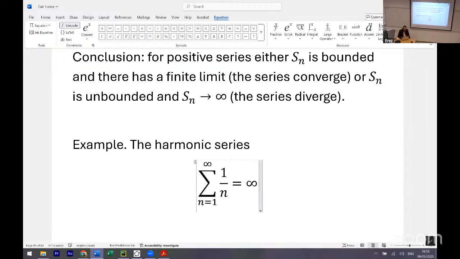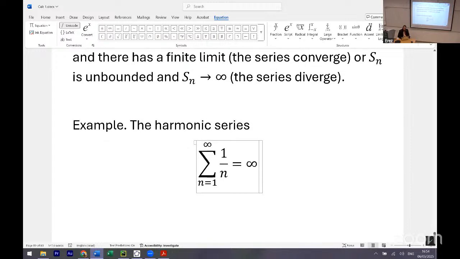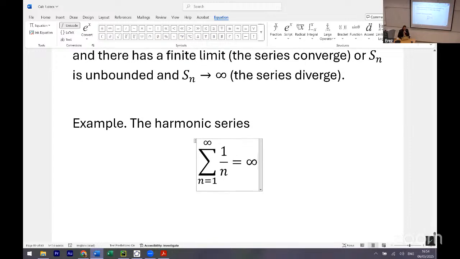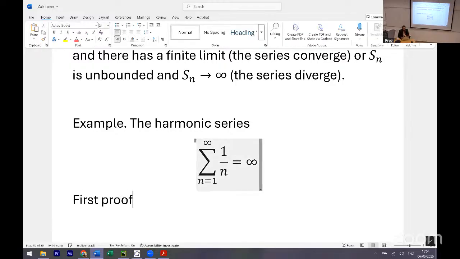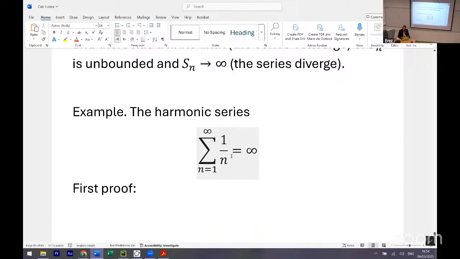It tends to infinity, it's divergent. But the question is how to prove it. There are two ways, and I'm struggling to choose, so why won't I do both? First proof. And you can tell me which one you liked best or disliked least.